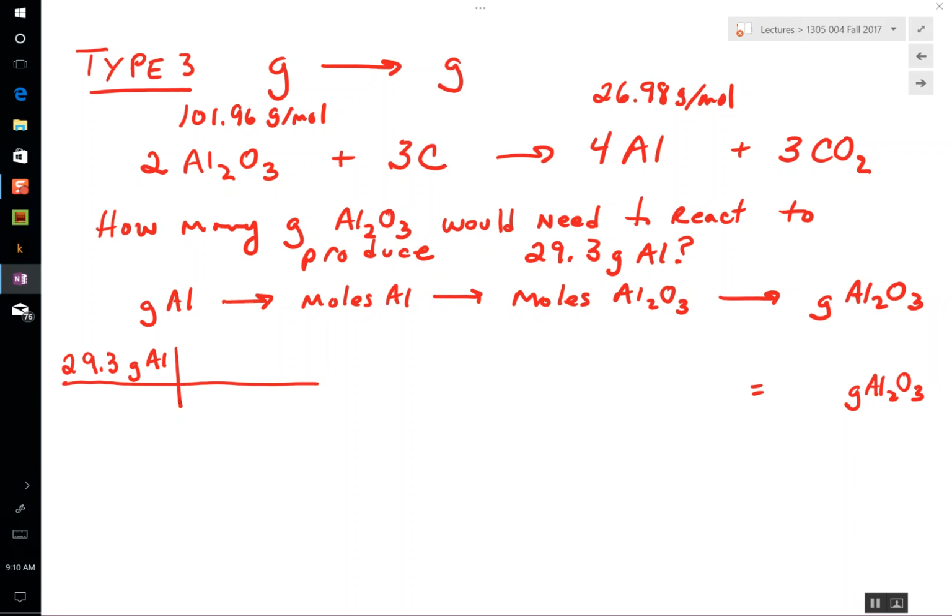What needs to go down here? Grams of aluminum. And what has to go up there is moles. And so we have 1 mole of aluminum per 26.98 grams. It's still the molar mass, but the inverse of that. We're putting the molar mass, 26.98 grams, in the denominator.